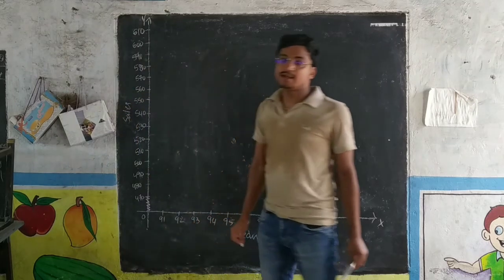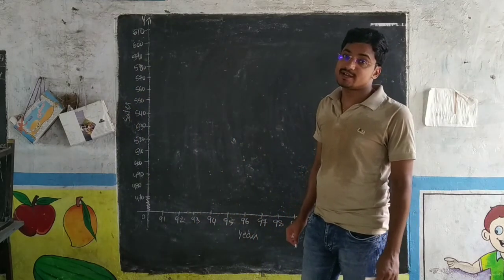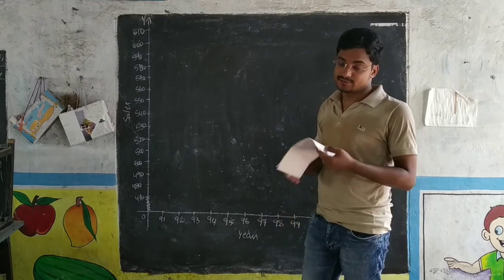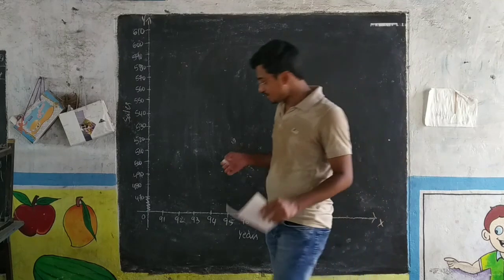Now we have to draw a curve by using the first and second columns, that is years and sales. First year 1991, sales 500.